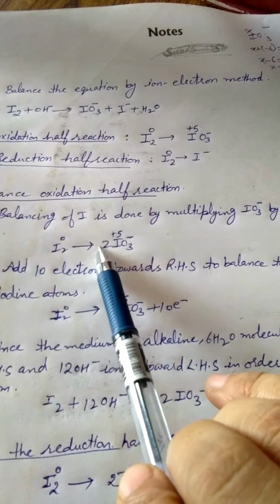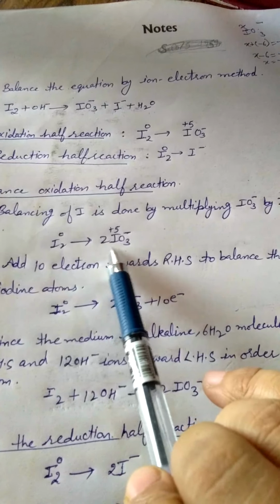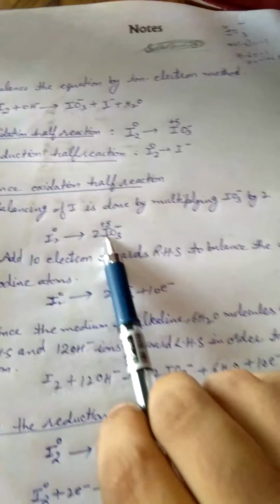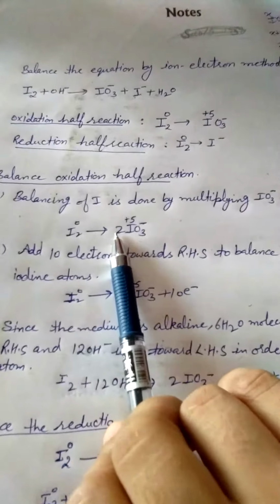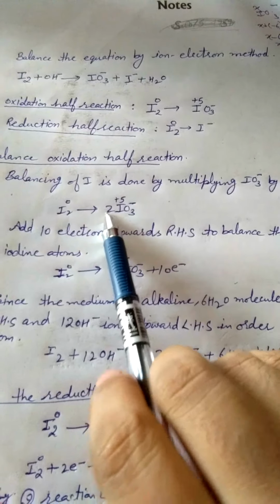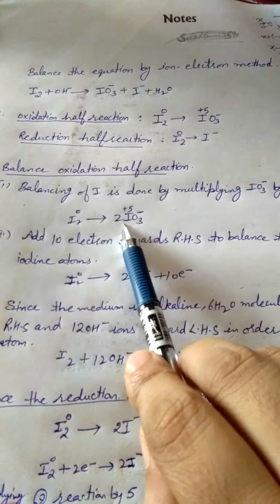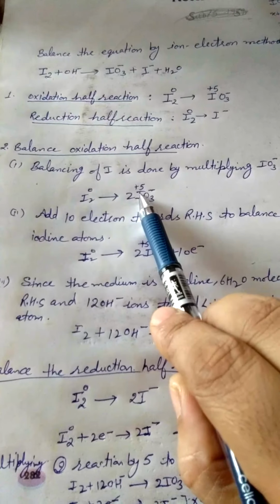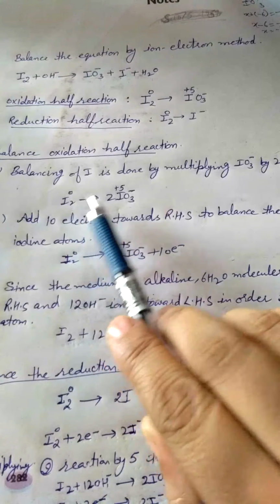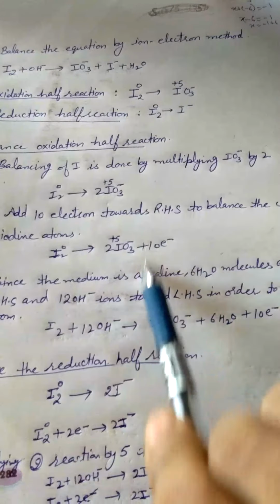Here there are 2, so we multiply IO3 by 2. Now the oxidation number of iodine here is 0, and here one iodine has plus 5, so 2 iodine have 10. So to balance this equation, we write 10 electrons on the right hand side.